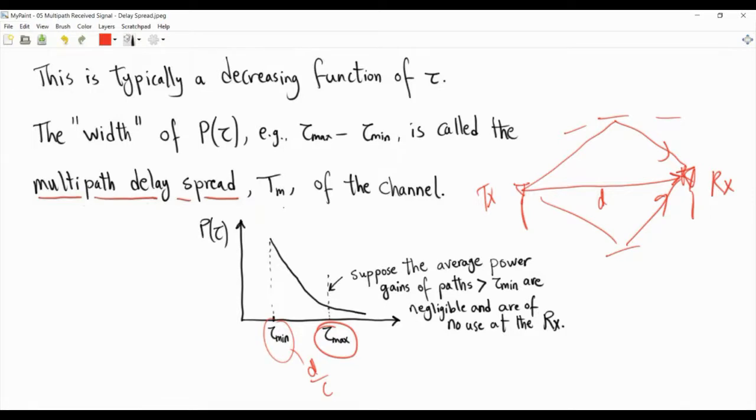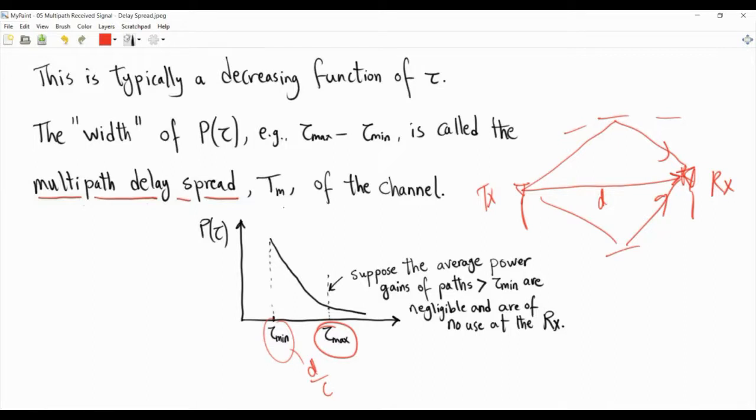Again, you transmit a signal. After some delay, you start getting copies of the transmitted signal at the receiver. You start getting a significant signal, and then there is a point in time beyond which you may get a signal, but it's negligible, indistinguishable from the noise in the receiver electronics.